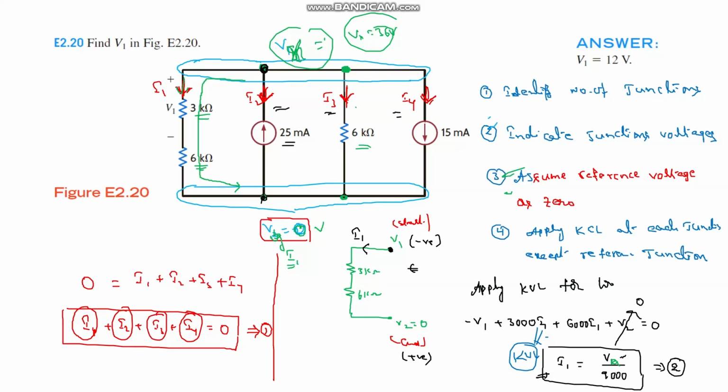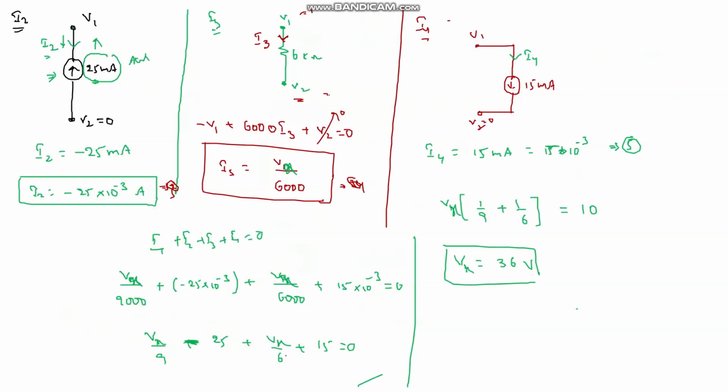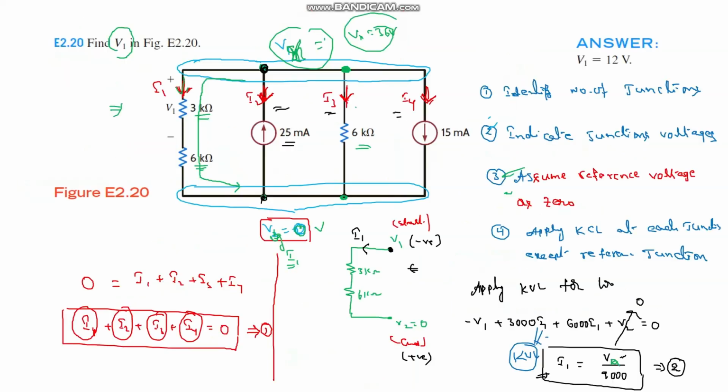So there is a potential difference between these two, which is why current flows from high potential to lower potential. But our question is to identify V1, the potential drop across the 3 kilo ohm resistance. V1 is 3000 times the current passing through it, which is I1 according to my notations.